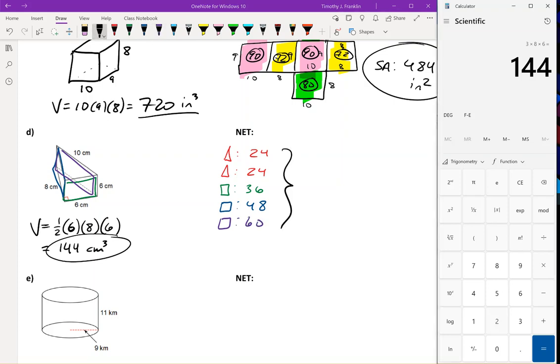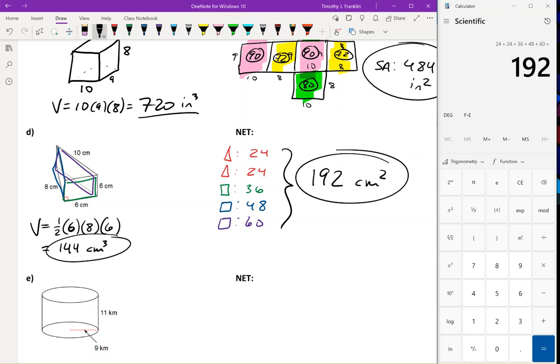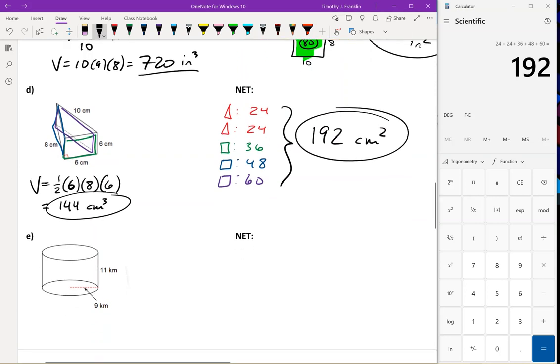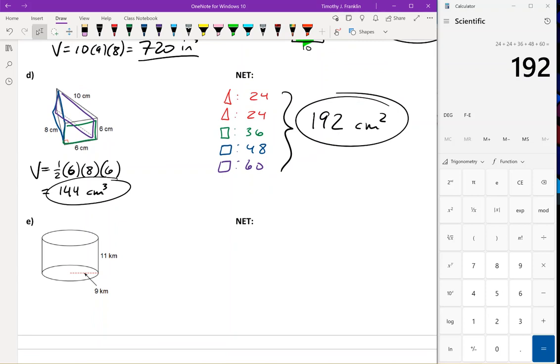So if we add all those up, we get 192 centimeters squared. And there's your surface area. So it is possible without the net. If the net confuses you, you can just sort out the sides and add them up, that's totally fine too. All right, one more example, and this is actually a cylinder.